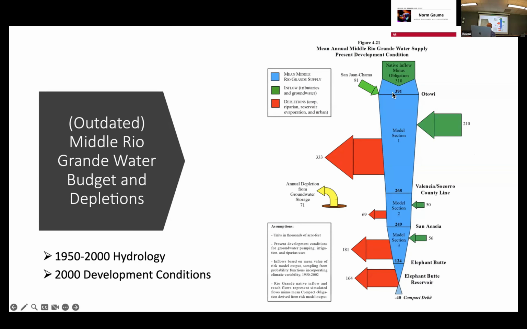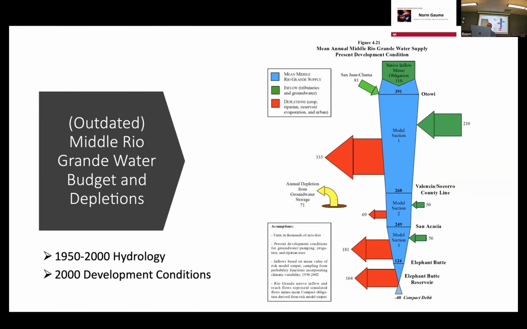It flows through the Otowi gauge. We have tributary inflows, the green areas coming in, and tributary groundwater inflows into the river. Now pumping is such that those tributary inflows are intercepted. The red arrows denote the depletions in various segments.